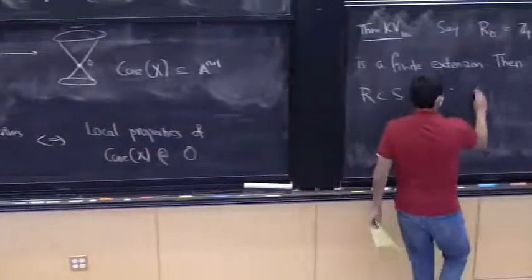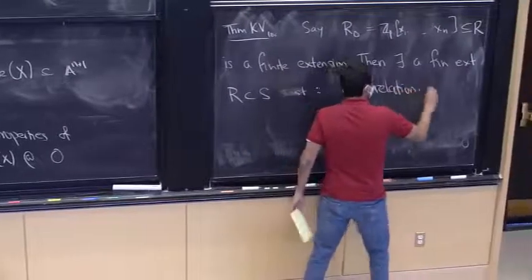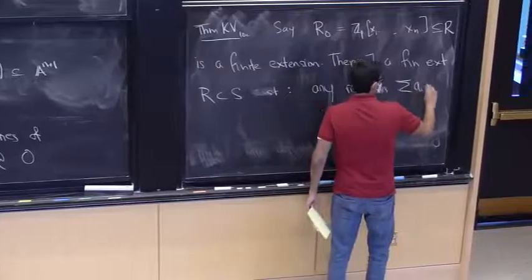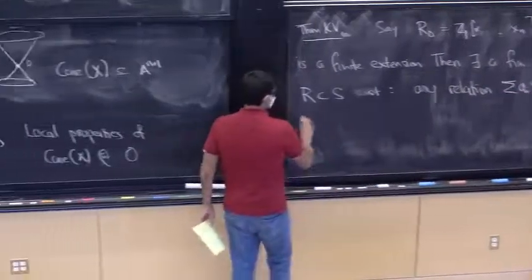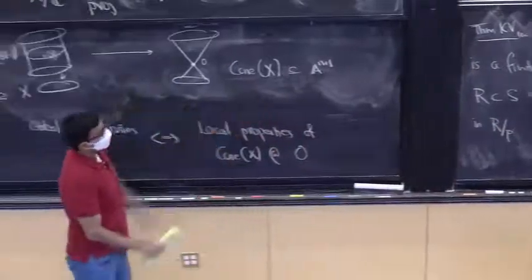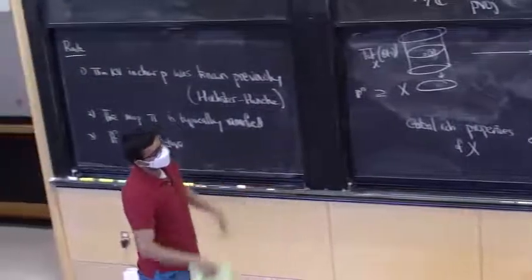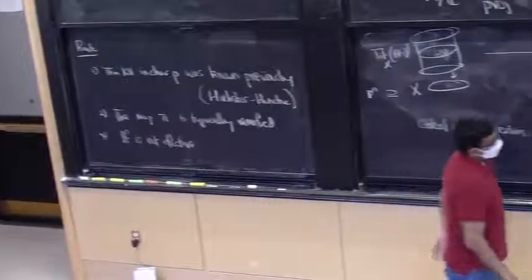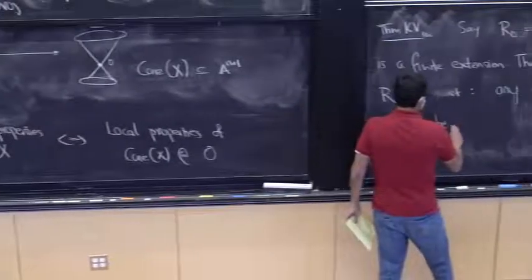Any relation of the form summation a_i x_i equals 0 in R mod p. So R mod p has these elements x1 through xn, and they might not be independent anymore. There might be some relations between them. If you had such a relation, summation a_i x_i equals 0, then it becomes trivial in S mod p.